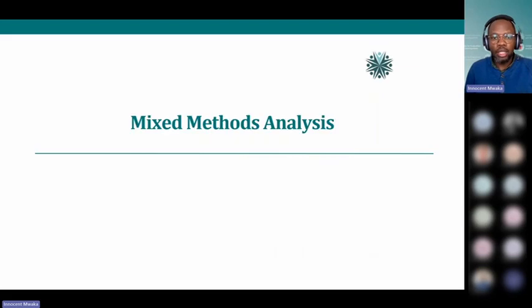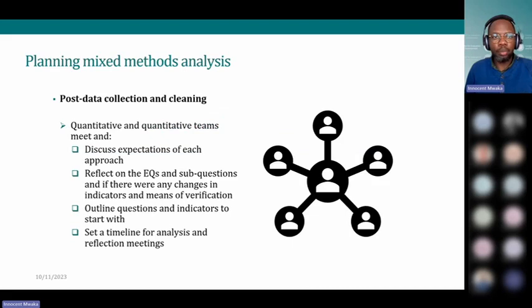Okay, now we go to the analysis itself, and this is from the example. What did we do? Once we had the midline quantitative data and the midline qualitative data, how did we proceed? The first thing is, of course, to plan how this will be integrated.